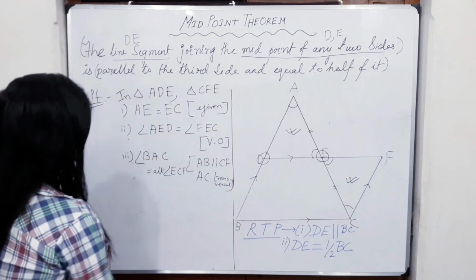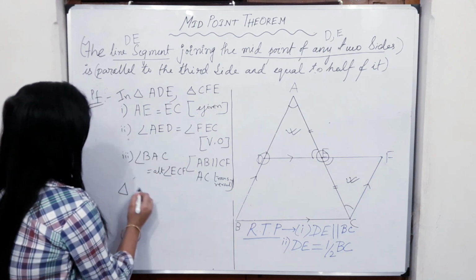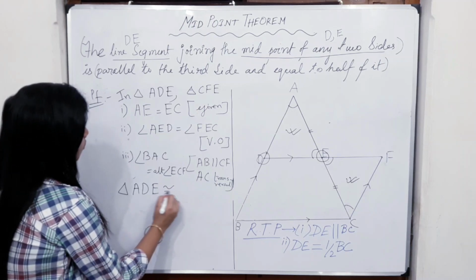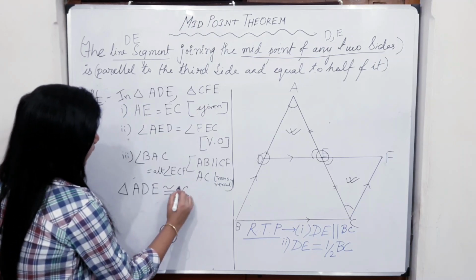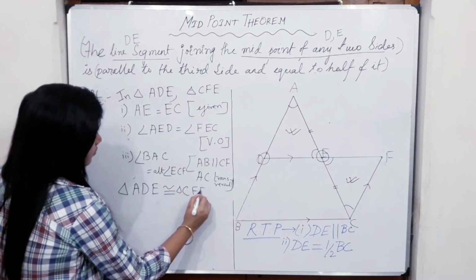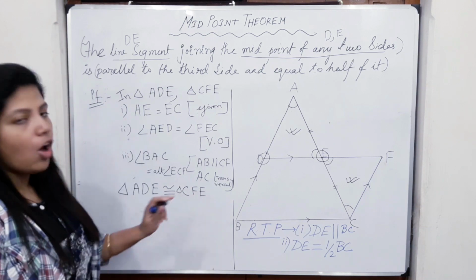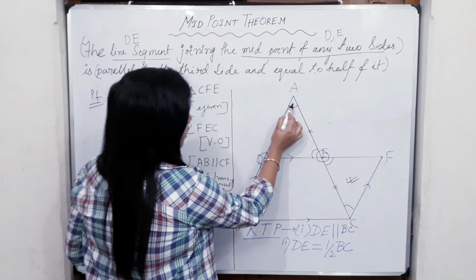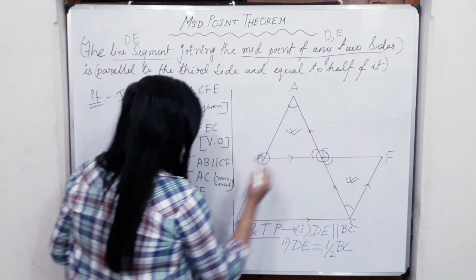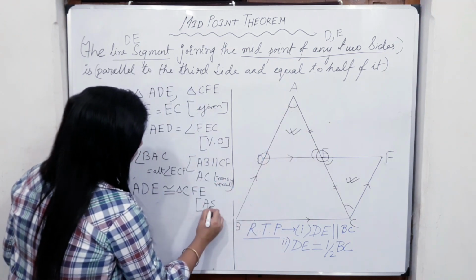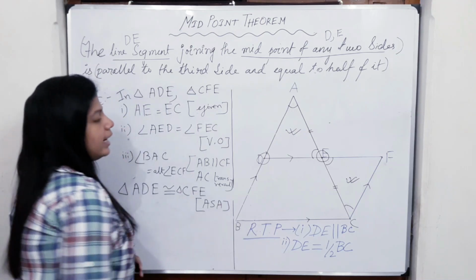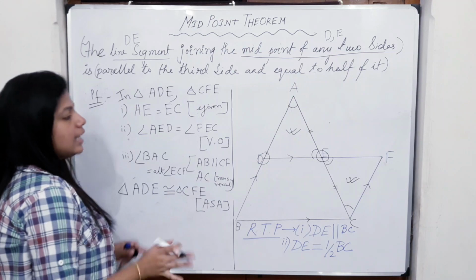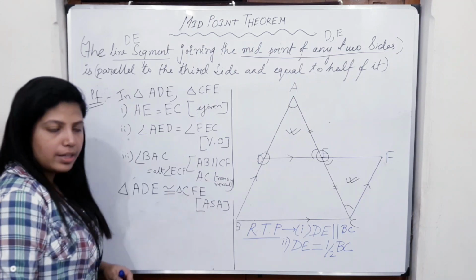For these three conditions, we can say that triangle ADE is congruent to triangle CFE. What is the law of congruency used here? Angle, side, angle. So I will write here ASA. Till now we have proved these two triangles are congruent by this congruency.